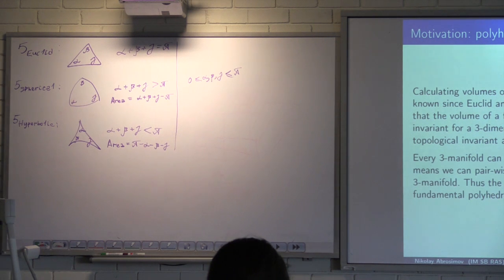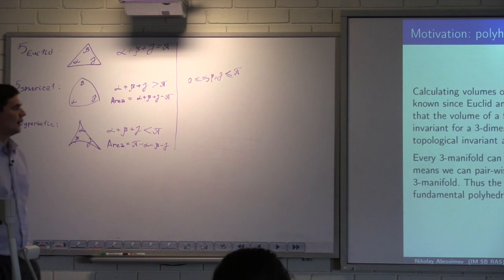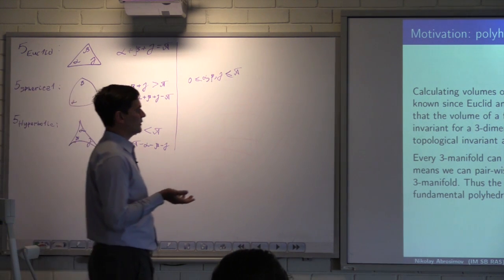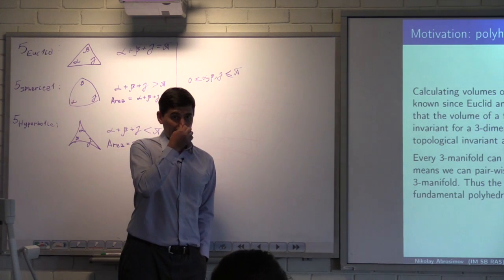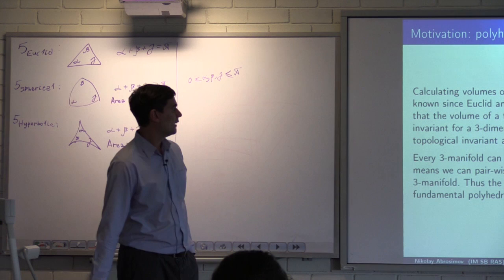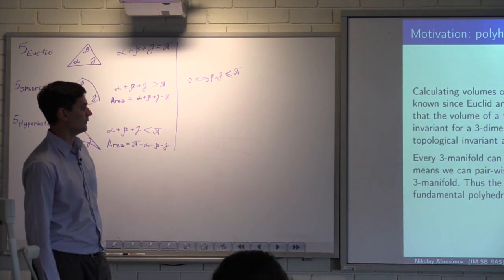Any three-dimensional manifold can be represented by its fundamental polyhedron. That means we can pairwise identify the faces of some polyhedron to obtain a three-manifold.